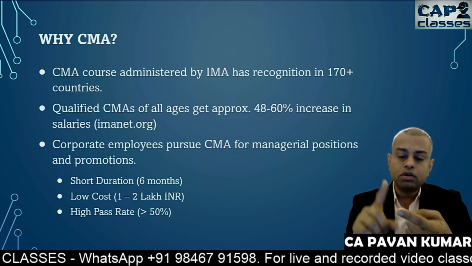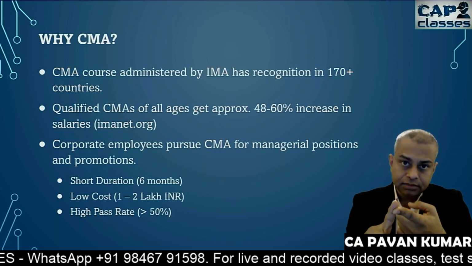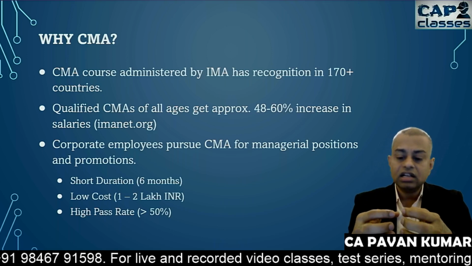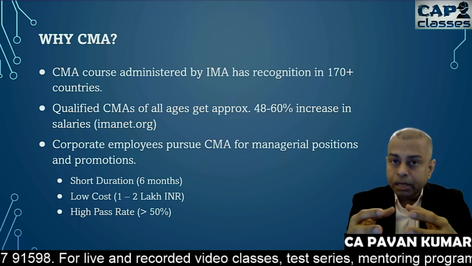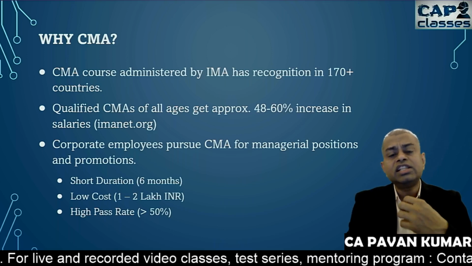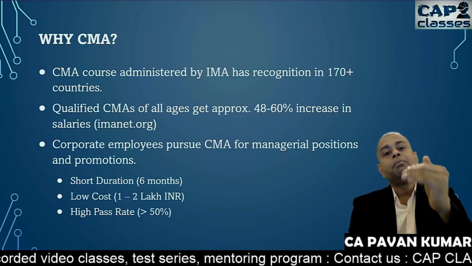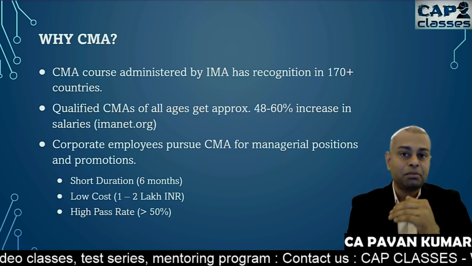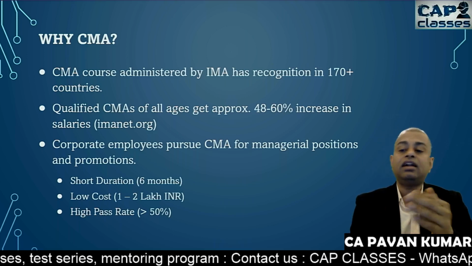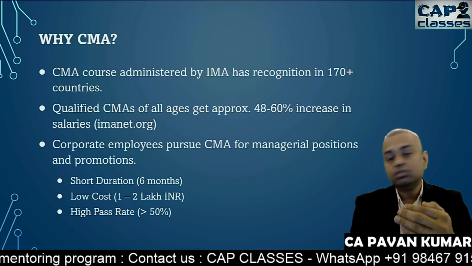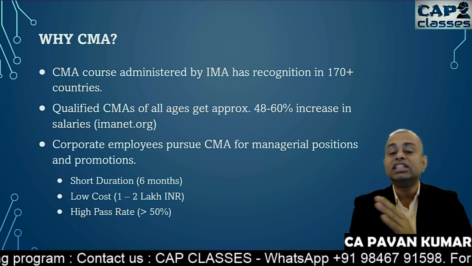Now, one more thing I'll tell you: global courses or multinational enterprises cannot give wrong statements. They cannot simply make statements for marketing purposes. These are researched, peer reviewed, verified statements. They cannot simply say that our CMA students will get more salary. There will be strict audits on these kinds of things.